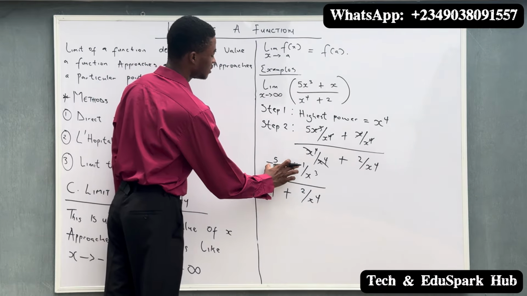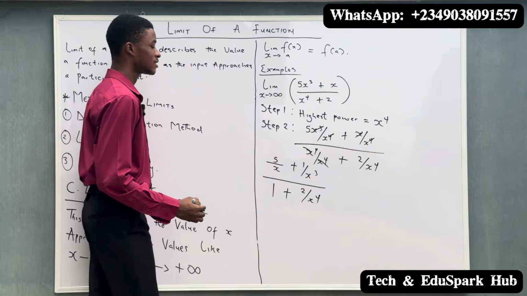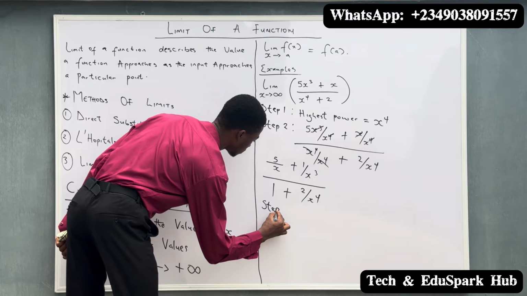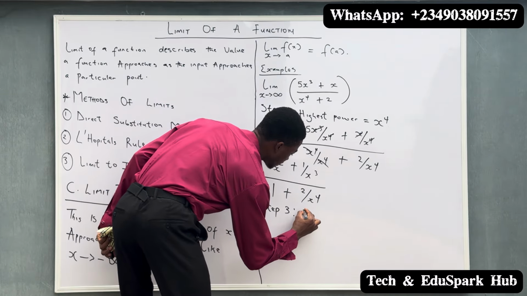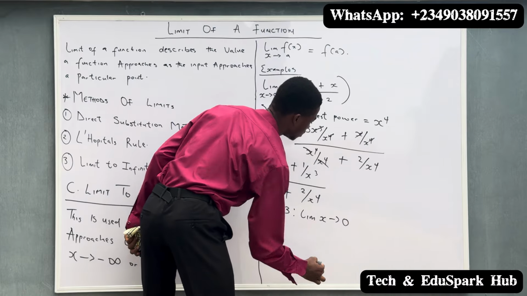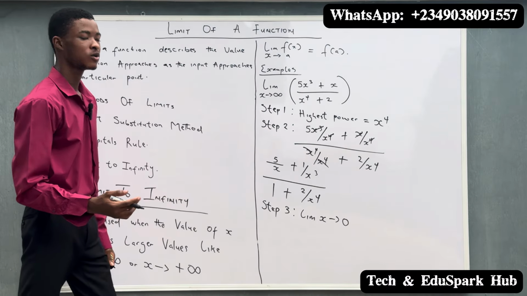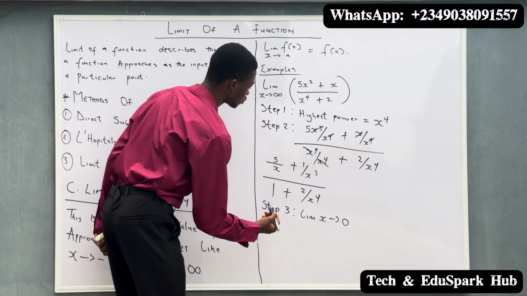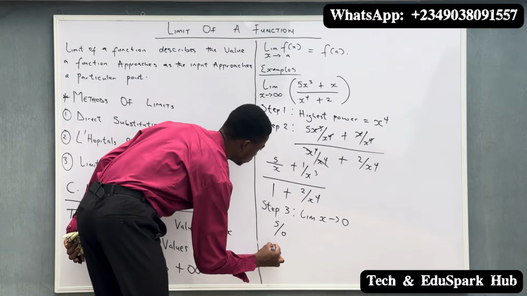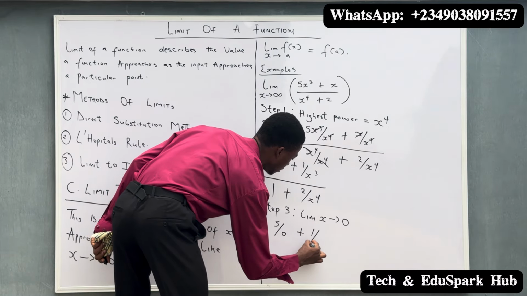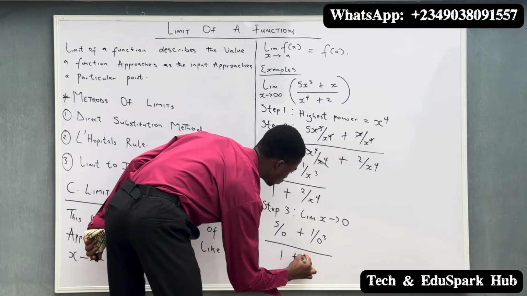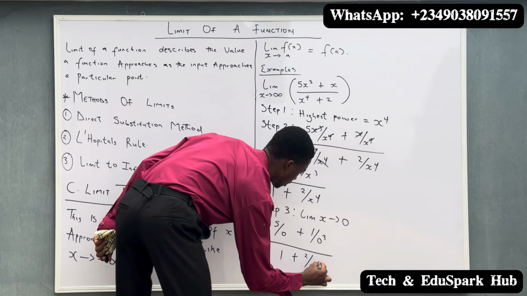So now that we have gotten this after our division, the last step, which is step 3, is to limit x to 0. So we have lim x to 0. That means wherever we see x, we turn it to 0, or substitute it for 0. So we have 5 divided by 0 plus 1 divided by 0 cubed, all over 1 plus 2 divided by 0 raised to power 4.